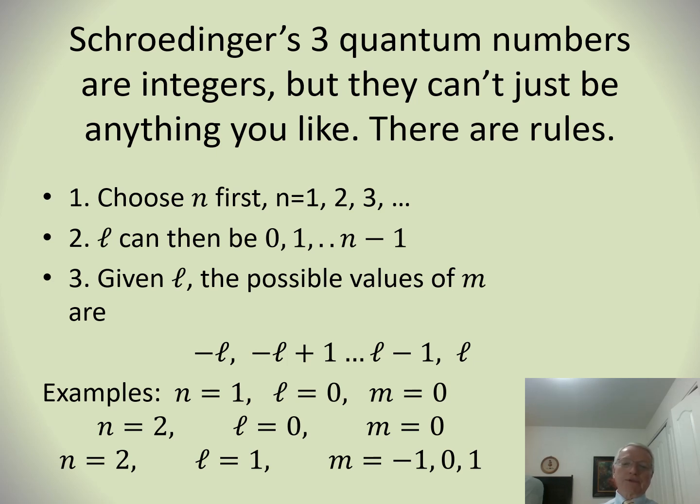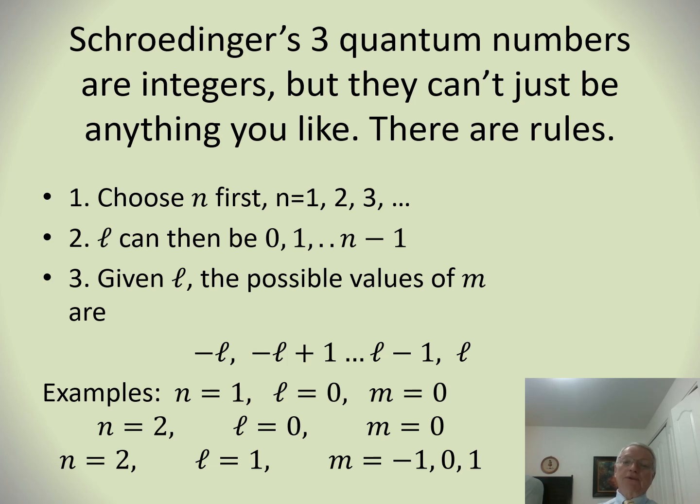If you go to n equal 2, the next energy level up, then you can have L equals 0. That's legal. And then M equals 0 goes with that. But you can also have L equal 1 because n is 2 and 2 minus 1 is 1. And so now with L equal 1, M can be minus 1, 0, and 1.